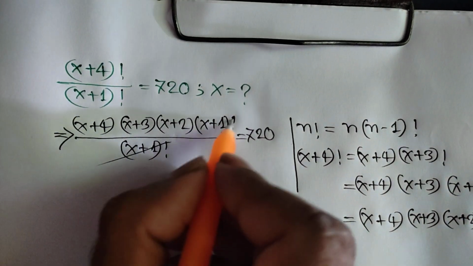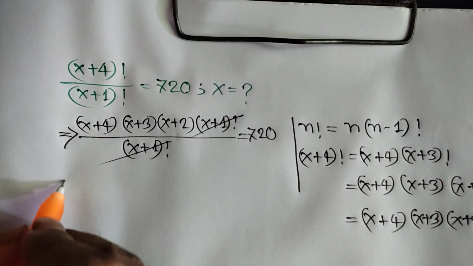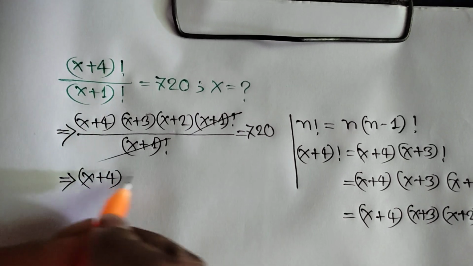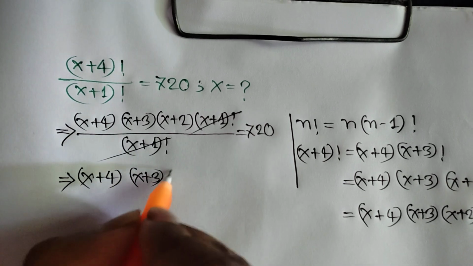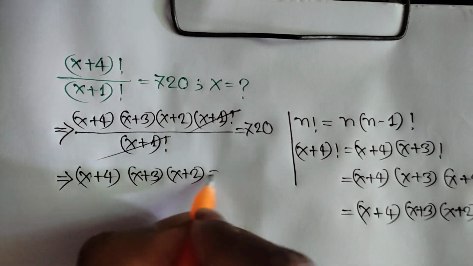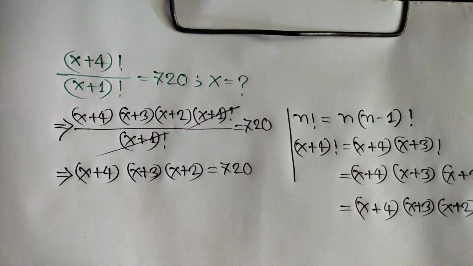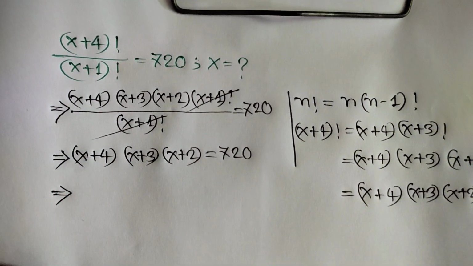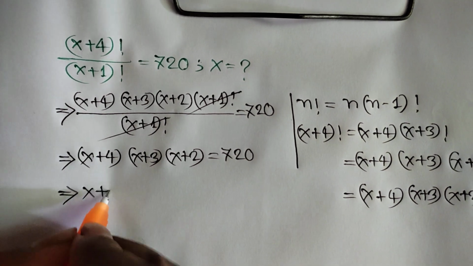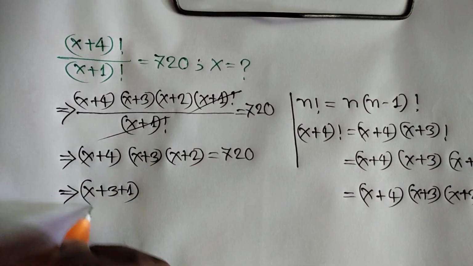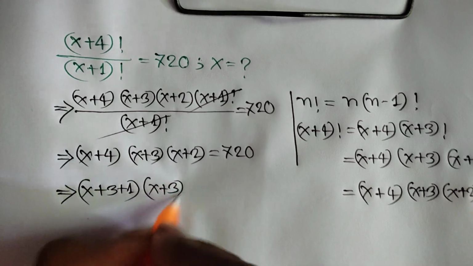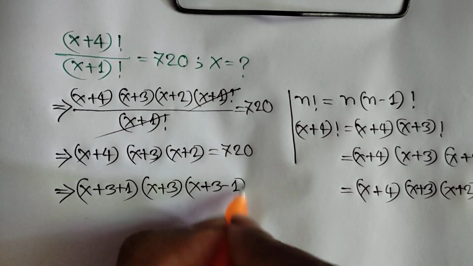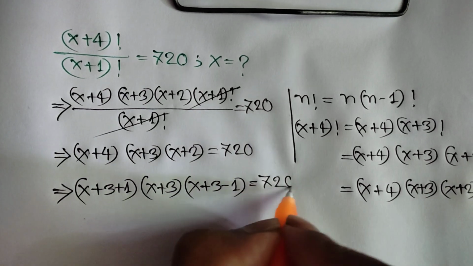Now this (x+1)! cancels out this (x+1)!. So we will get (x+4) times (x+3) times (x+2) is equal to 720, or x+4 can be written as (x+3)+1, times (x+3), times x+2 can be written as (x+3)-1, is equal to 720.